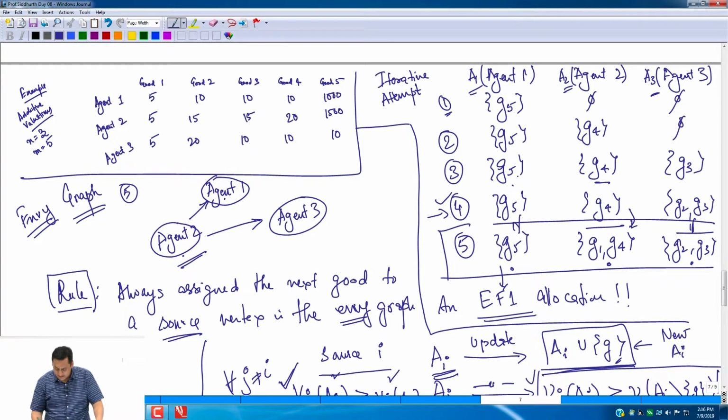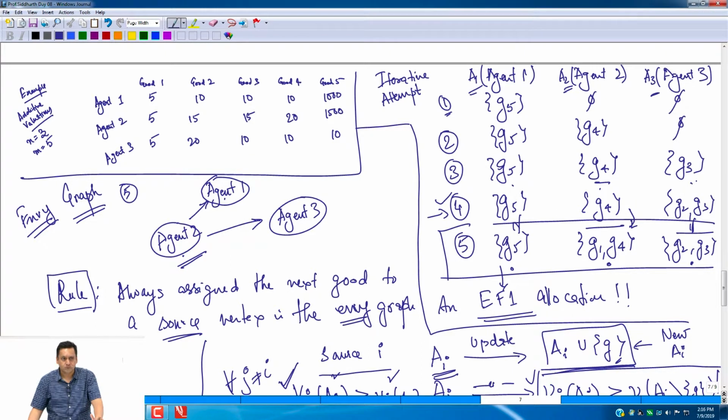A1 is this, A2 is G4, and A3 is G2 and G3. If I have a cycle, I could shuffle these bundles across the agents to get another partial allocation. In fact, in a partial allocation the subsets just remain as is, only the owners change. But in this new partial allocation, there was no cycle.